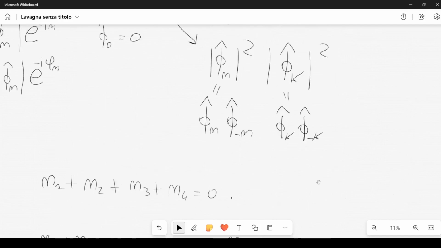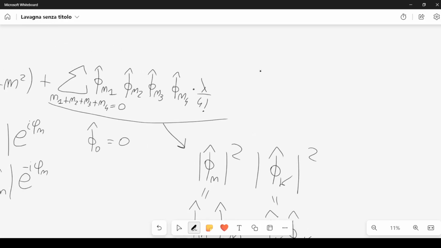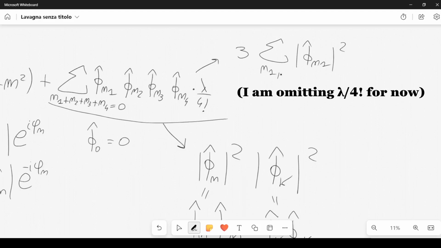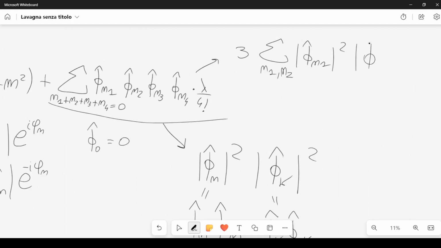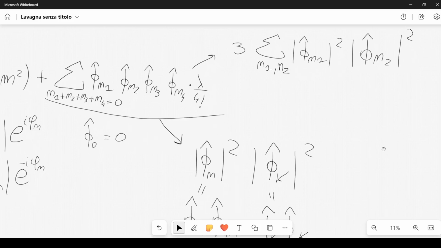So basically, from this summation, you can understand that we will get something proportional to 3 times the summation over one index that we can call n1, mod phi hat sub n1 squared, and then we sum also on another index n2, and we have phi hat n2 squared. But we have to be a little bit more careful because there are some corrections to be made to this kind of result that we get.